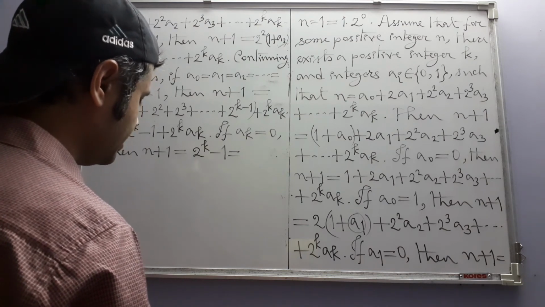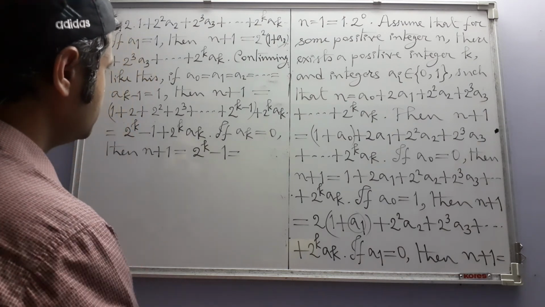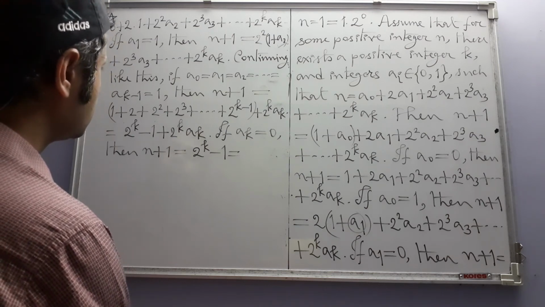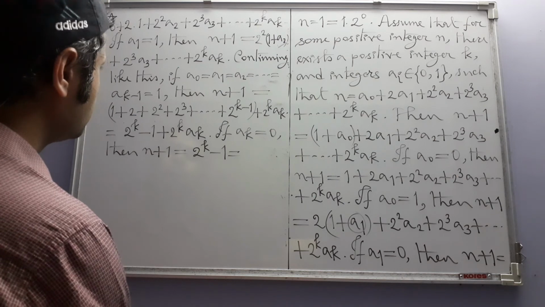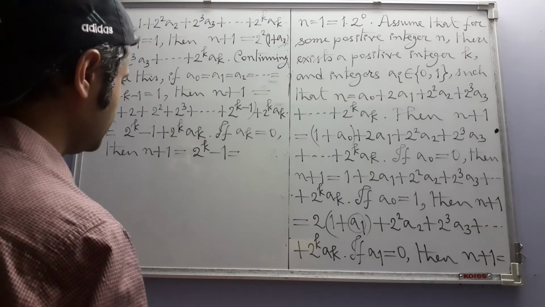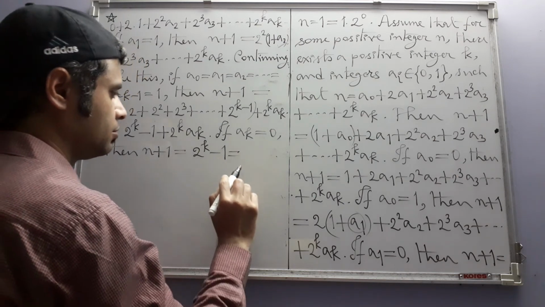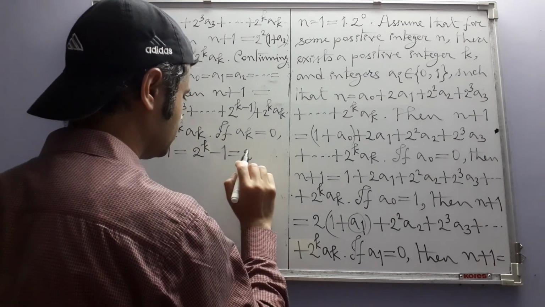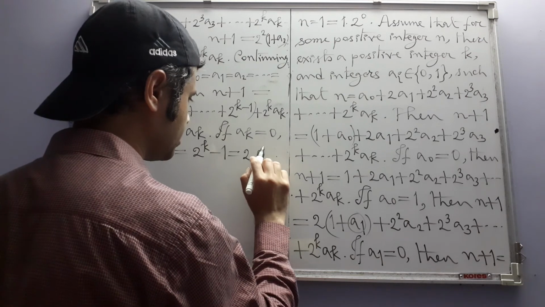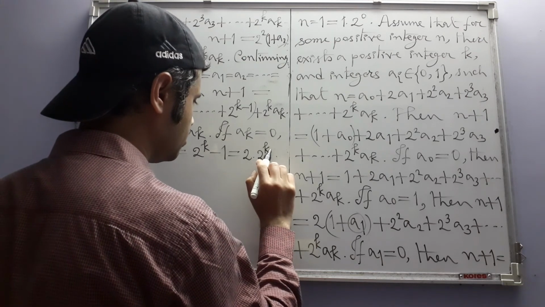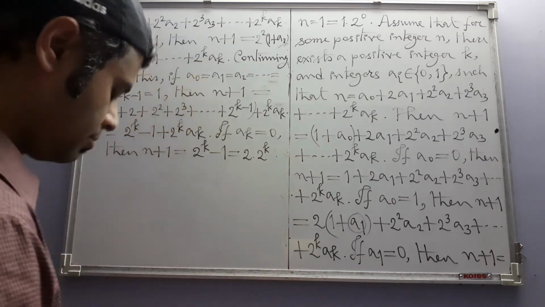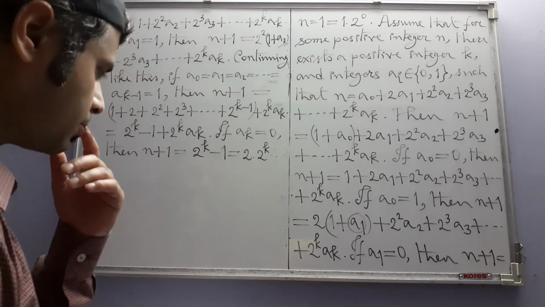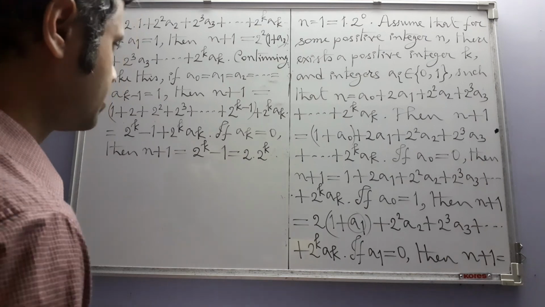We have minus 1. Minus 1 can be taken care of in what way? Can we write this as 2 to the power k? No, I don't seem to be able to see how one can handle this case.